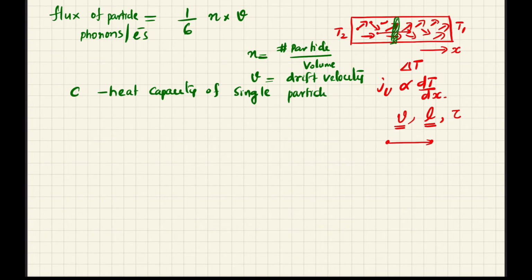What happens when a particle travels from one point to another? Assume that one point has temperature T plus delta T and the other point has temperature T. A particle travels from point A to B, which have a temperature difference of delta T. We take the left side as the hotter end and the right side as the cold end.